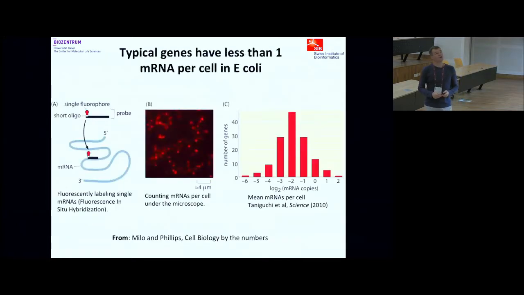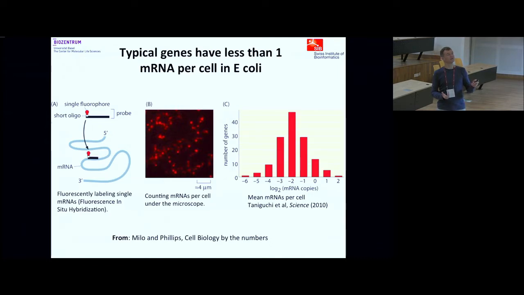All right, okay. So now I just want to give you some sense of what the numbers are for all these things in E. coli, the bacteria, just to have some sense of what regimes of the parameters we are in. The way you can do this is you can make probes that hybridize to mRNAs.